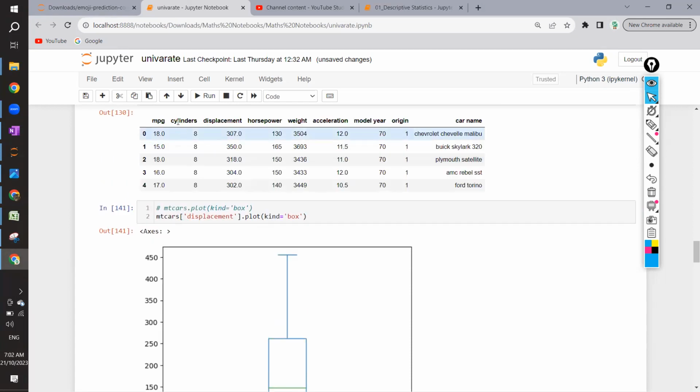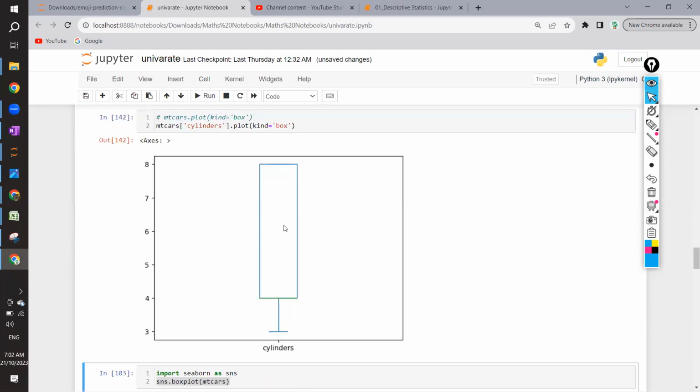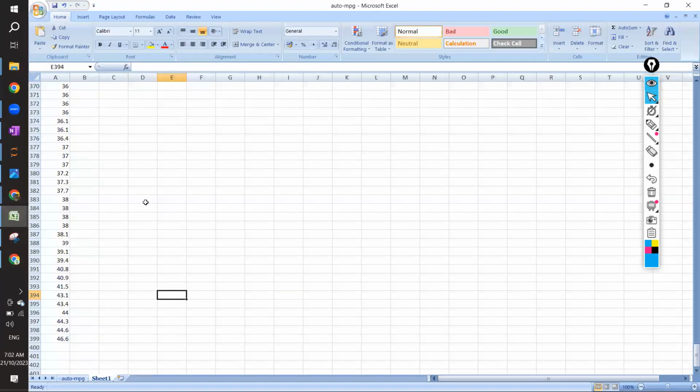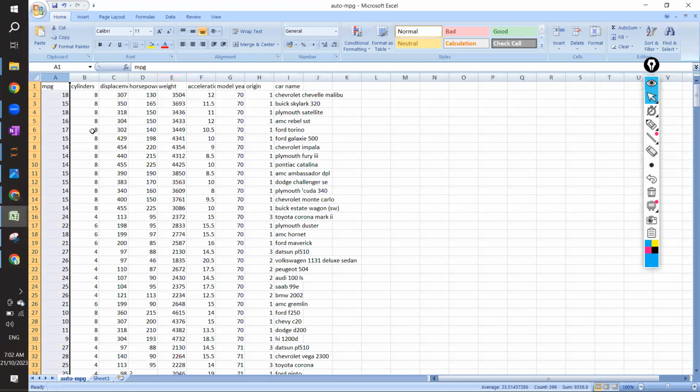And for cylinder, if you take it, the plot doesn't have the Q3 part, because the maximum value itself is 8. What does the cylinder value look like?